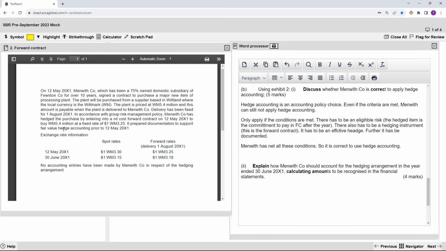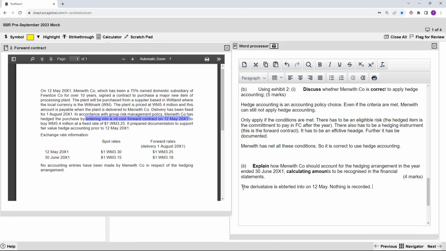Now, the derivative that we've entered into, we know when we entered into it: on the 12th of May. Nothing is recorded.